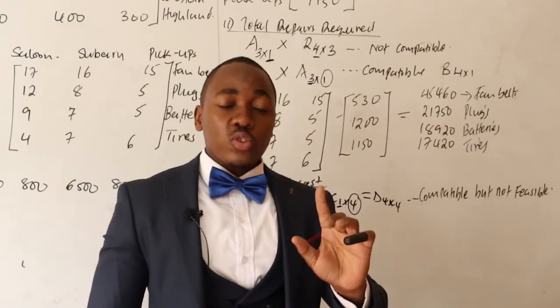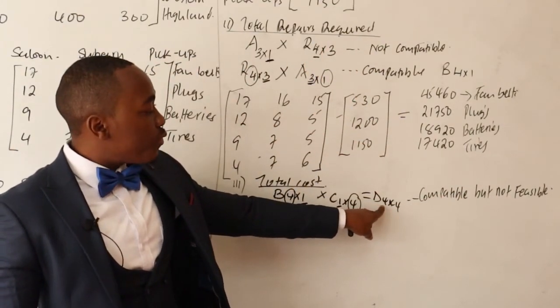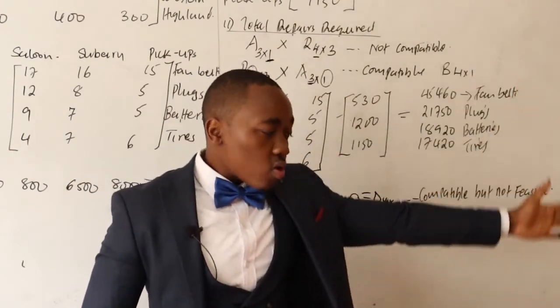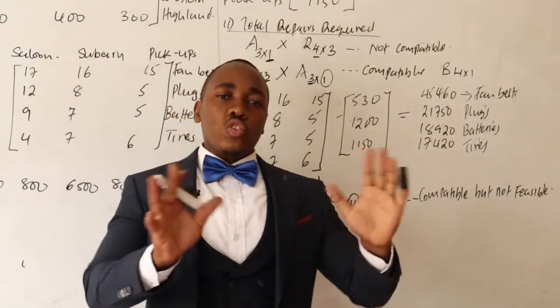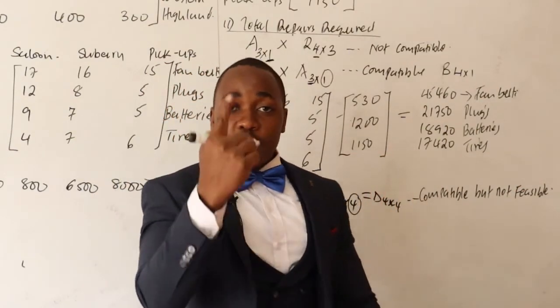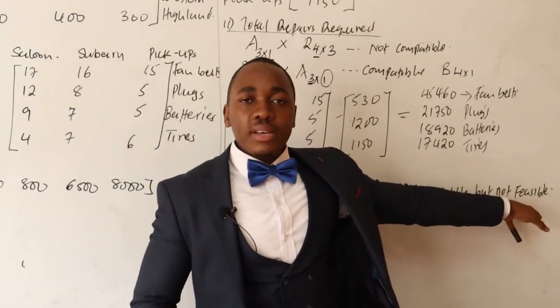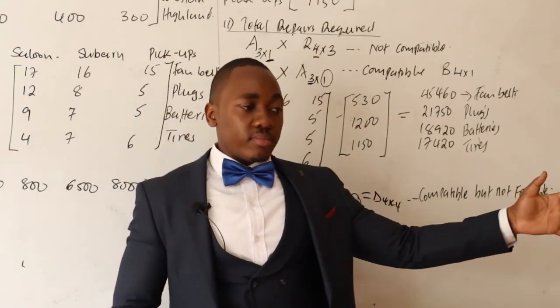But our product, which will be 4 by 4, gives 4 rows and 4 columns, all those answers. In this case we just require the total cost, one figure. So yes, it's compatible, but it's not making any economic sense because we'll get a 4 by 4, that means 4 rows and 4 columns.